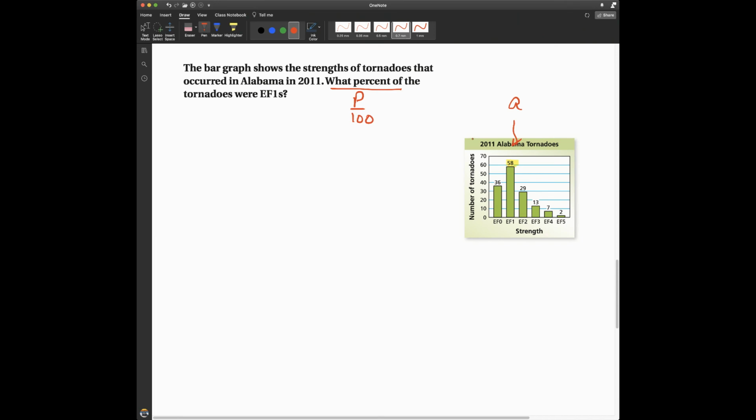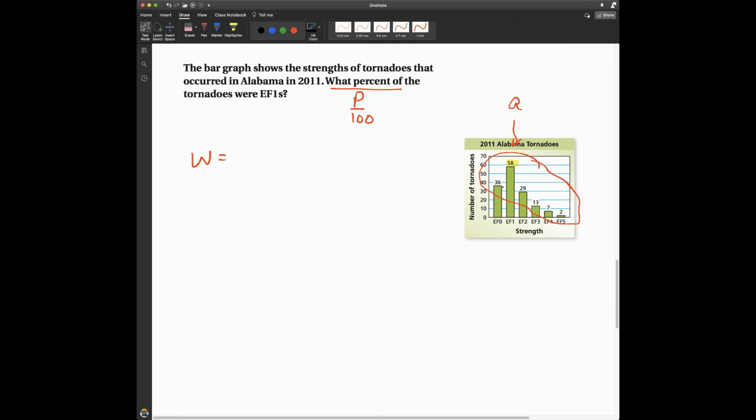And so what is W? So W, the whole, has to be the total number of tornadoes, which means I have to add all of those together. So the whole is, let's see, let me get my calculator.